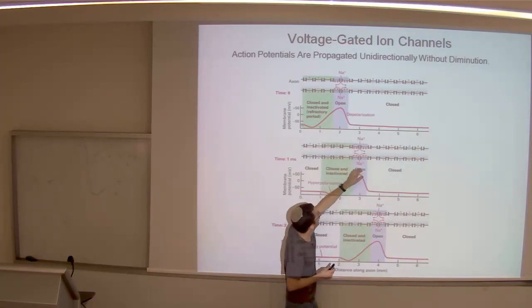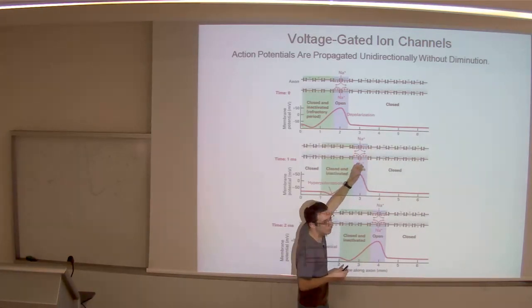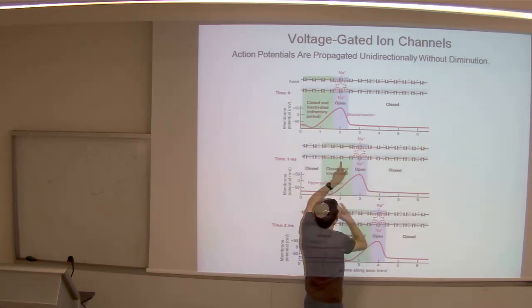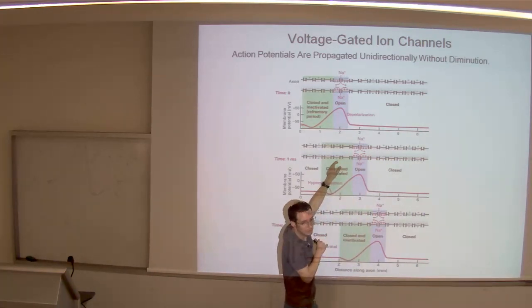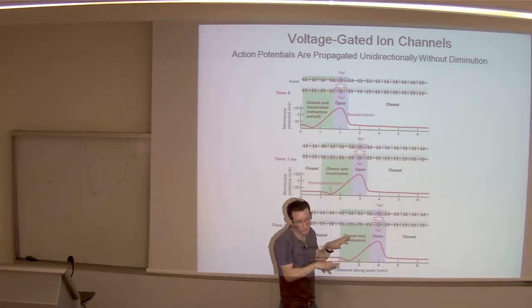non-activated. Because for a given second, we might think that this propagation would happen to both sides, towards the axon hillock and towards the terminus. Because here you have voltage-gated channels, and also here you have voltage-gated channels. But these two populations of voltage-gated channels are in two opposite activation states.